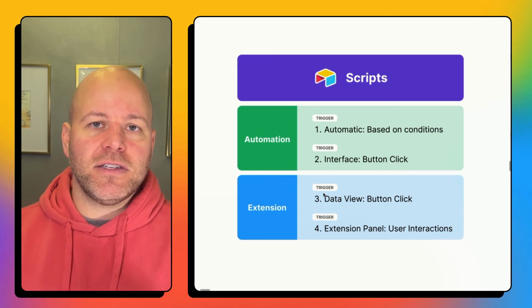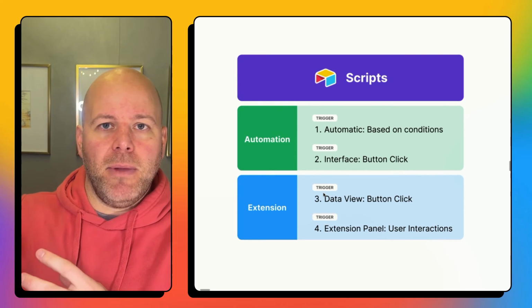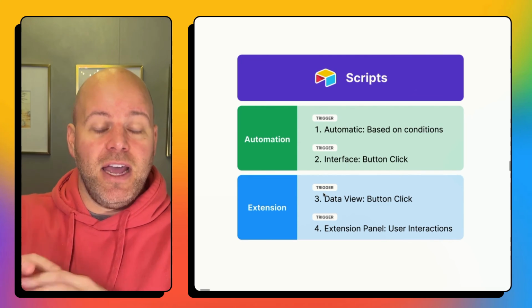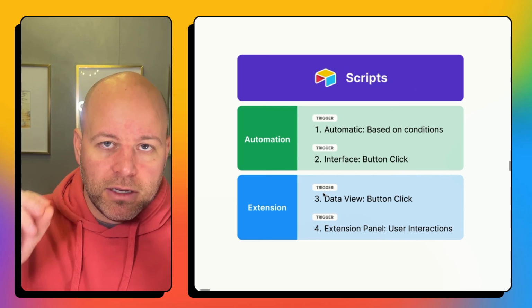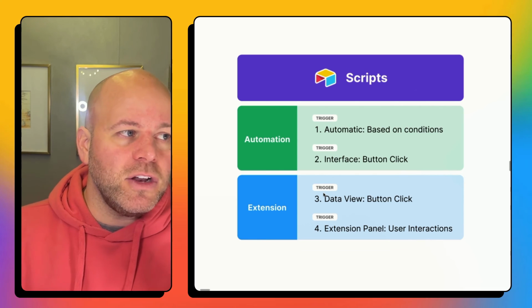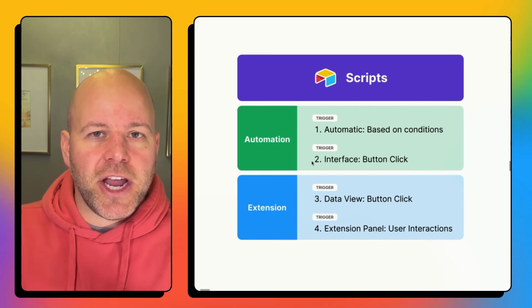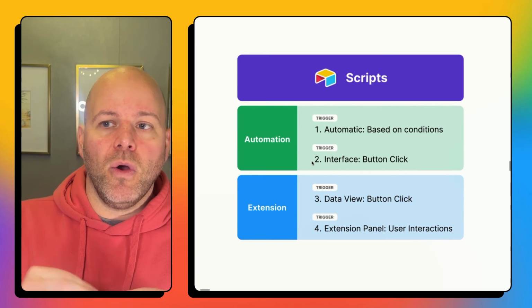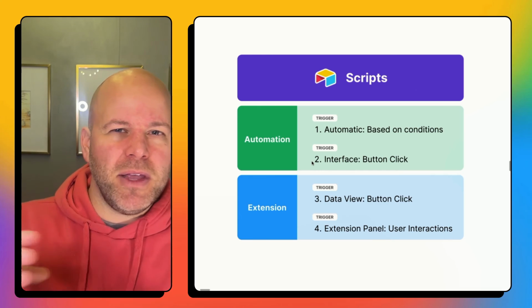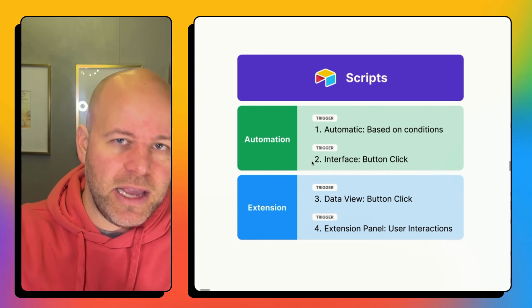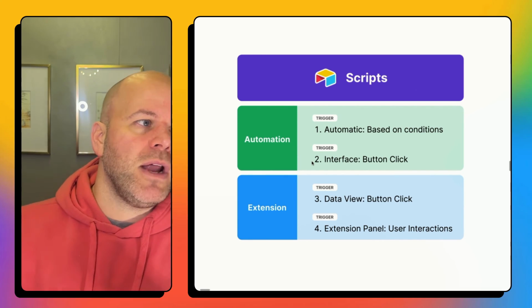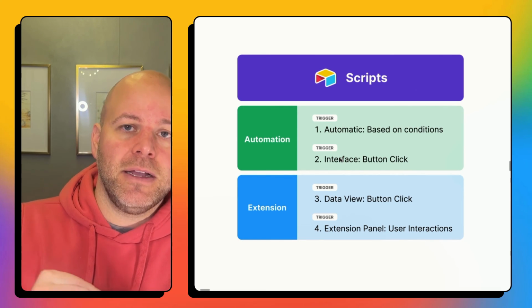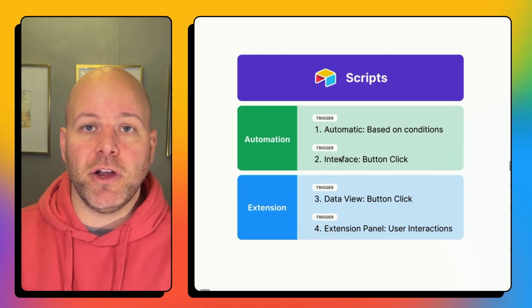So if it is going to be me or someone on my close team that is working inside of the base, and we know that we will always be the ones clicking that button, then I can go option 3. But if there's any chance that it's going to be someone that doesn't have access to the base, or someone who isn't as familiar with Airtable, and so we're creating an interface for them, then I'm going to go with option 2, and I'm going to use that button click to trigger my automation.